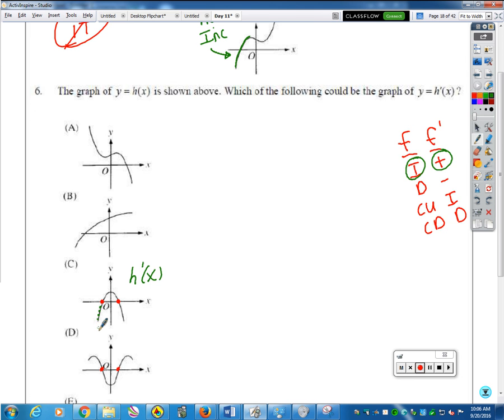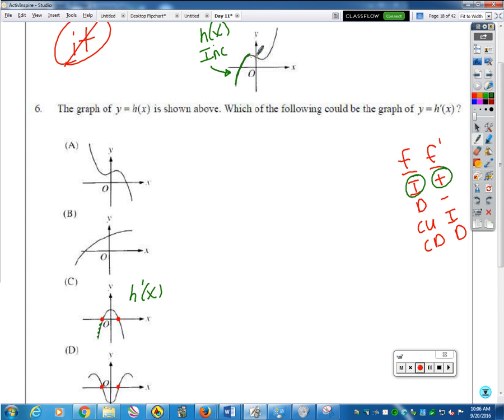Because we've identified that when the function h is increasing, the y coordinates of h prime should be positive. So whether the y coordinates of h prime go up or down, irrelevant. So I look at this one, are these y coordinates of h prime positive or negative? Negative. So is that good or bad? Bad. Okay, and not the slang bad, which means good.